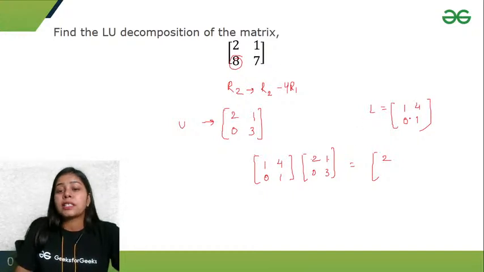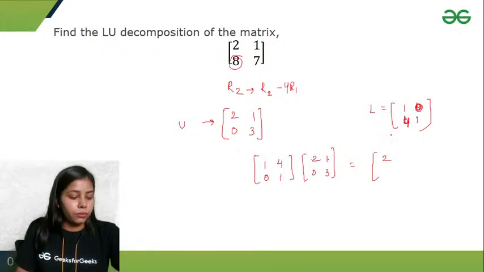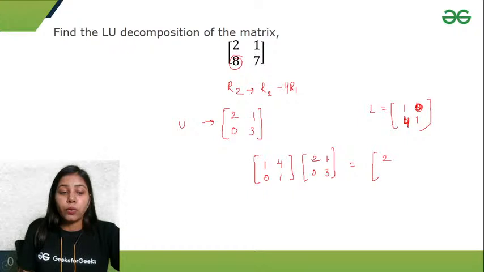Just a minute. This is a lower triangular matrix, so 4 will be here and 0 above the diagonal, and let's multiply now.